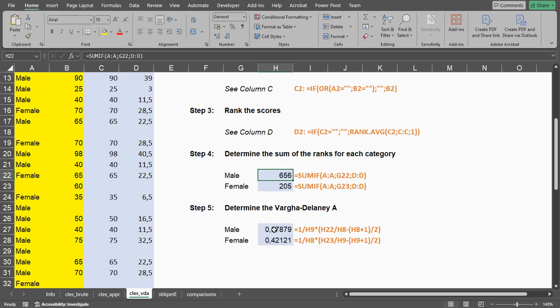Finally, we can calculate the Vargha-Delaney A by using this formula, which is the U statistic divided by n1 times n2.